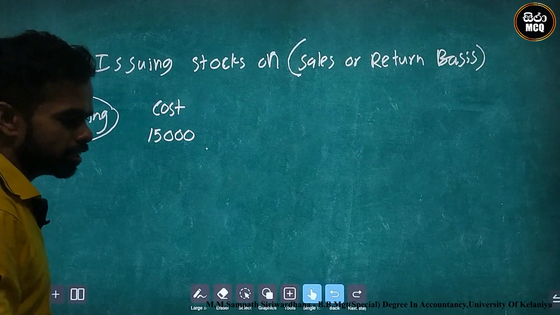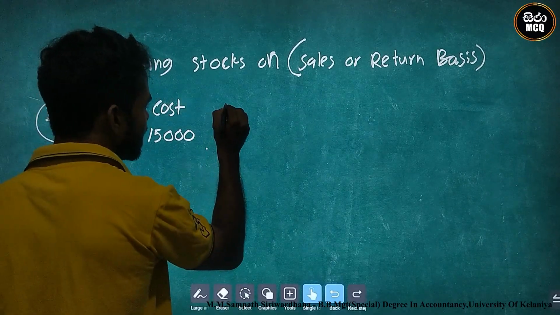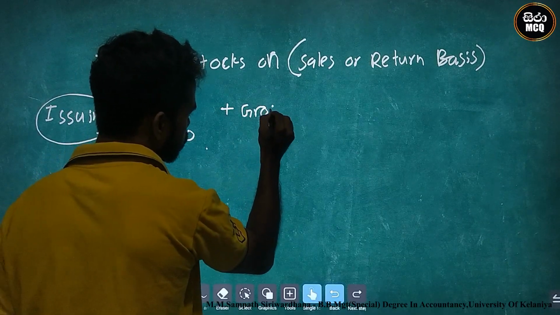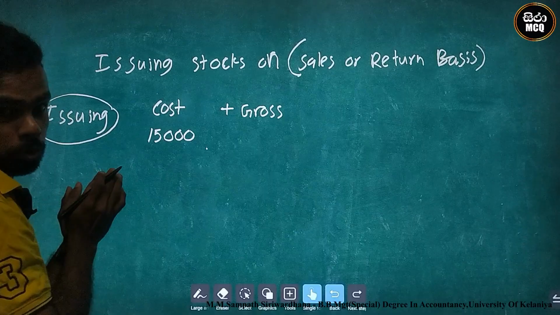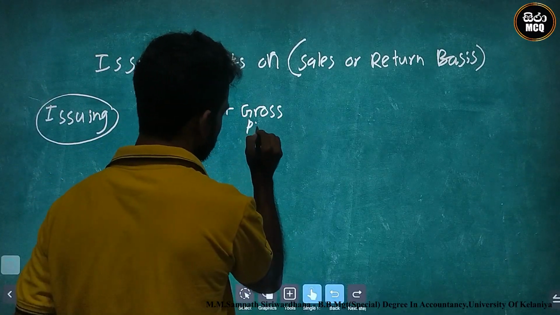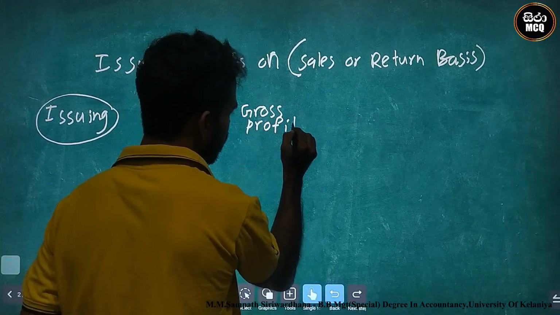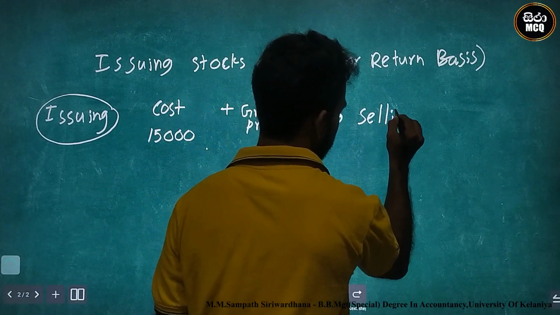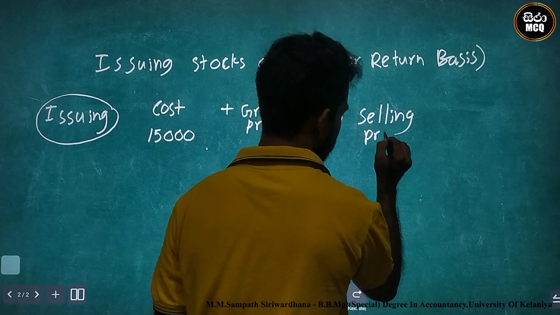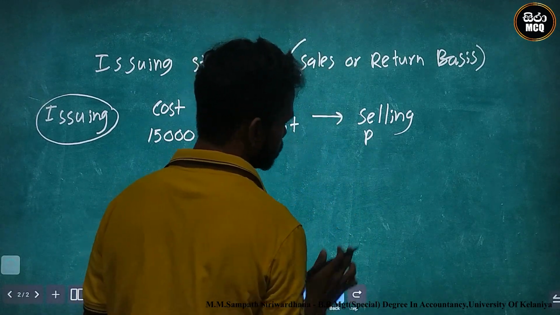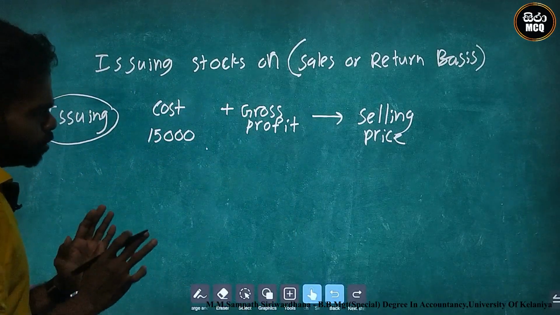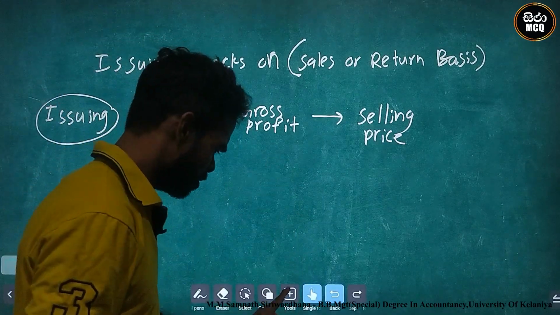We can create a selling price. What is that? We add gross profit on this stock, and after that we can calculate the selling price. We can calculate gross profit and selling price.